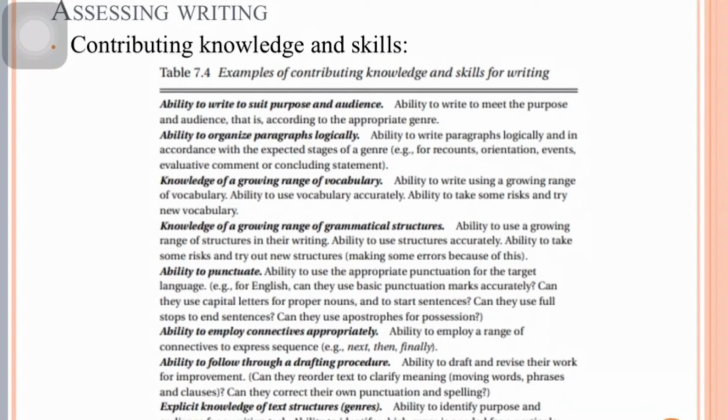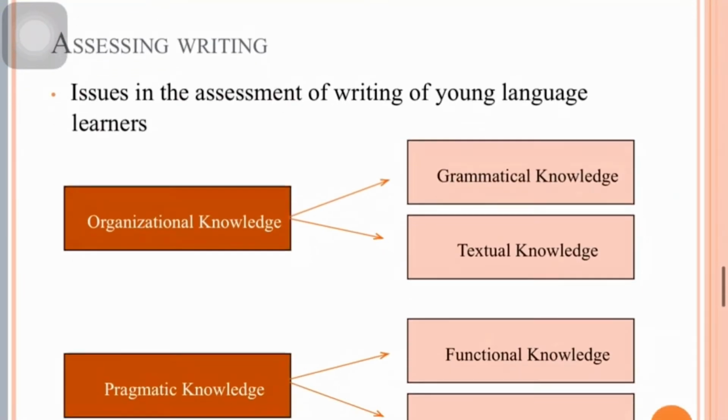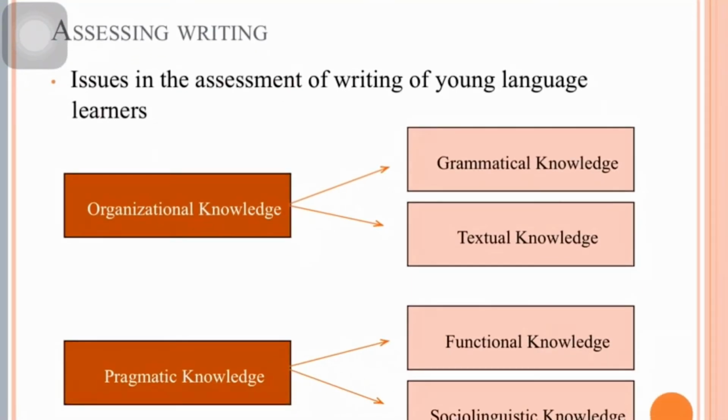These are knowledge and skills which contribute to assessing writing. You can take a look at the book page 248 for the clearer explanation. And then assessing writing, issues in the assessment of writing of young language learners.